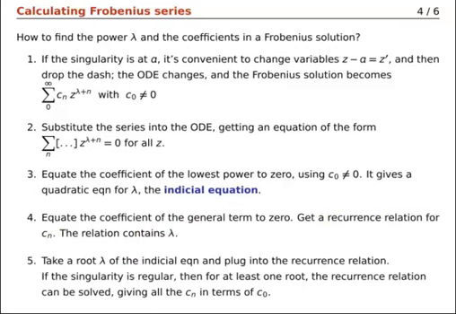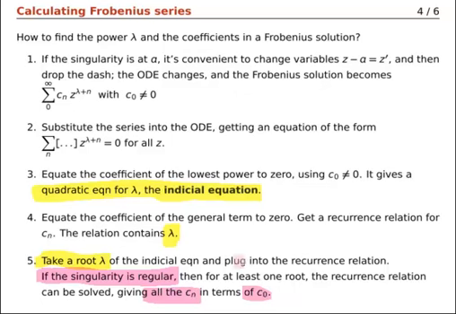Now, because the recurrence relation contains lambda, what you do is you take the indicial equation for lambda, this quadratic equation, you find the roots, you take one root of the indicial equation, plug it into the recurrence relation, and theory guarantees that if you're talking about a regular singularity, then for at least one value of lambda, the recurrence relation can be solved, giving all the coefficients Cn in terms of the first coefficient C0.